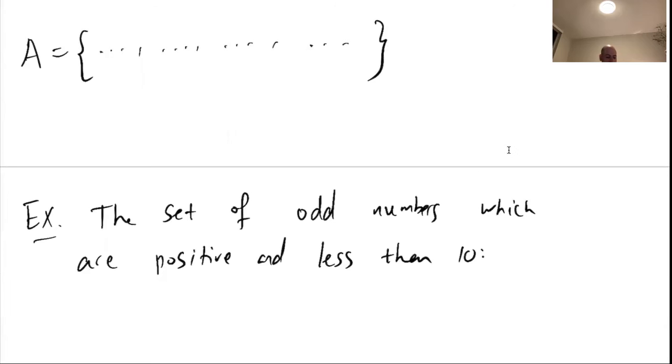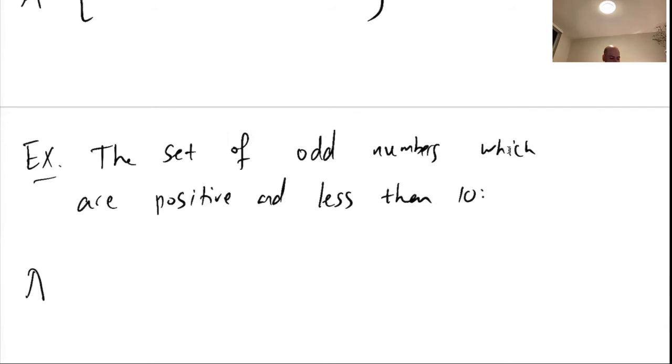So what is the set of odd numbers which are positive and less than 10? Let's say capital B equals 1, 3, 5, 7, 9, right? So we can talk about this set.